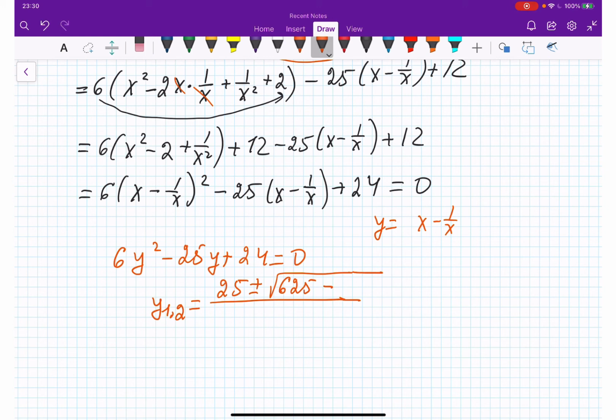625 minus 4 times a times c, 24. And this is divided by 2 times a.